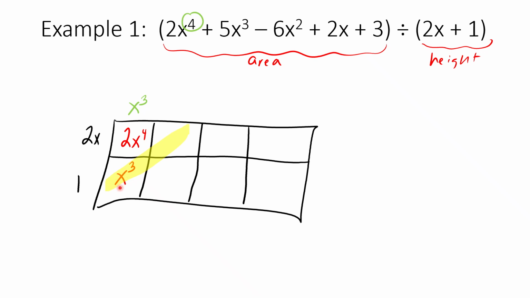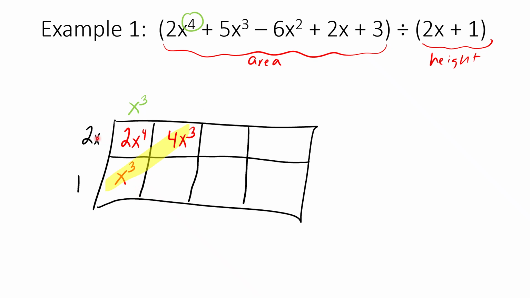I've got 1x to the third. I need 4 more x to the thirds. And again, I can double check that. X to the third plus 4x to the third does give me 5x to the third.